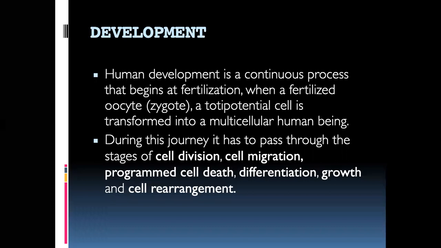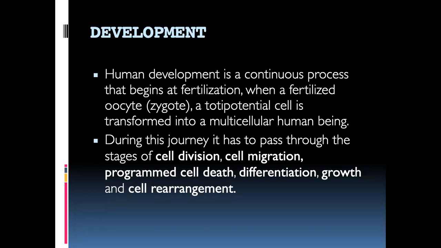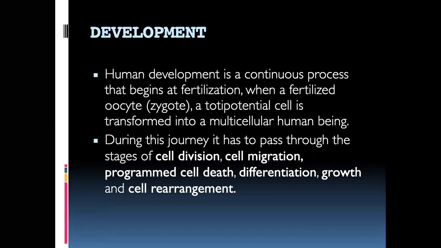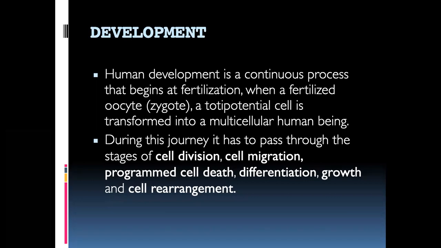Then we will also study how, after migrating, some cells remain and few cells die. That is called apoptosis. What is apoptosis? It's programmed cell death. After its work is over, the cell dies. This is called programmed cell death, apoptosis.